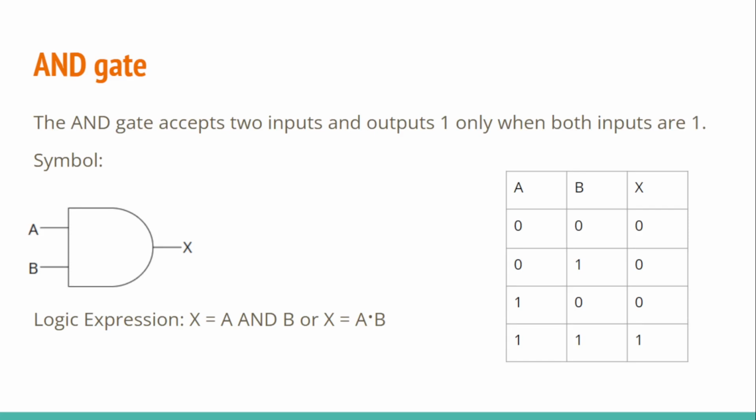The symbol is just like a D, which accepts two inputs A and B and the output X. The logic expression is X equals A and B, or X equals A dot B. Notice that the output comes on the left hand side and the inputs come on the right hand side.